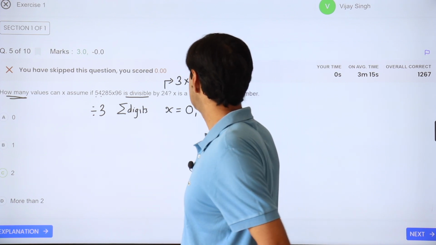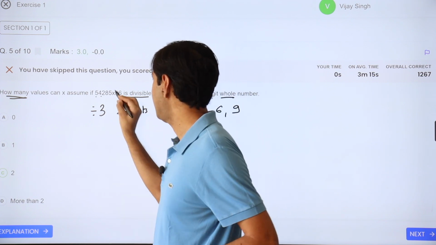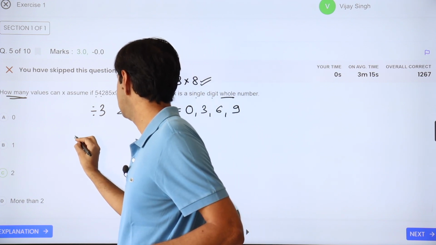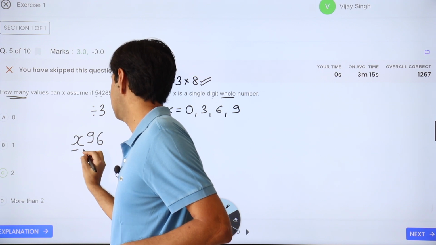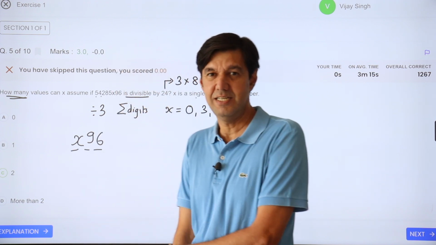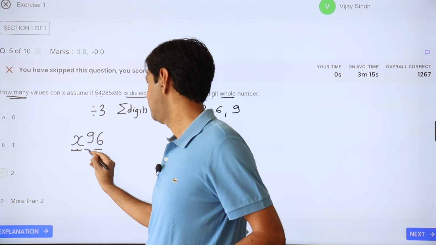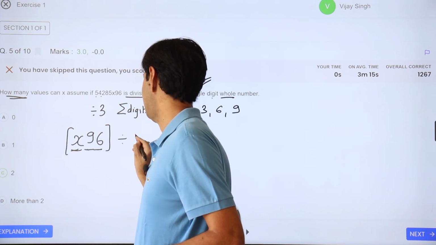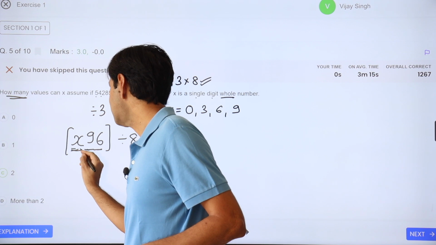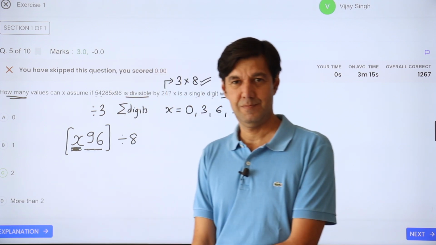Okay, but I also want to check divisibility by 8. And for 8, I just need x, 9, 6. That's it, last 3 digits. That's the divisibility rule of 8. So these 3 digits as a number should be divisible by 8. Now the unknown is in the hundreds place.